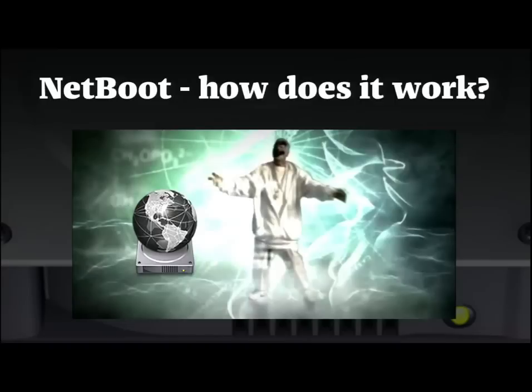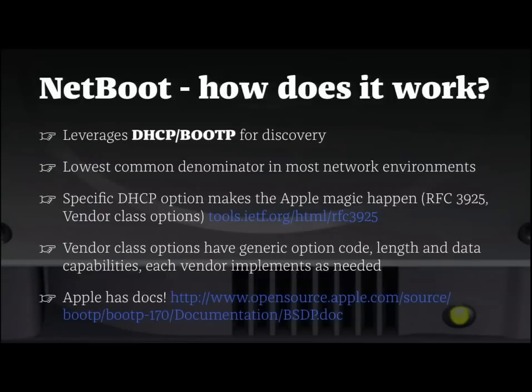So let's look a little bit at how it works exactly. I will go, like I said, into various levels of complexity about this. We'll start at the top level. As you may or may not know, NetBoot is basically made possible by standard DHCP or BootP, which is a protocol.